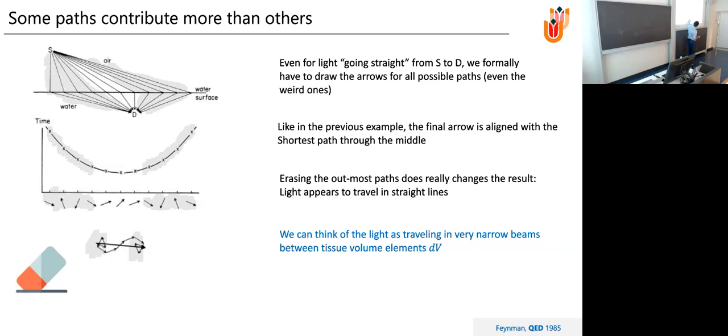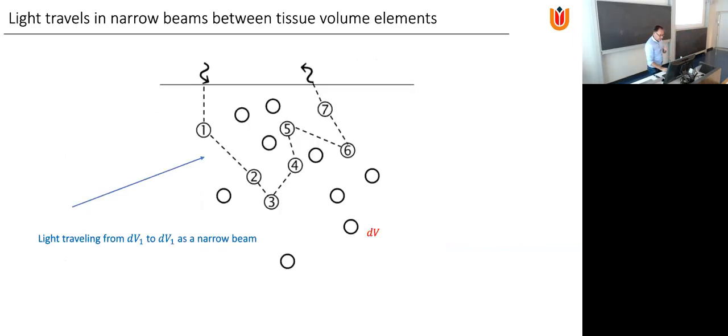So back to the Monte Carlo simulation, it means that we can think of light traveling in very narrow beams between tissue volumes. Back to that earlier drawing, the dotted lines here now are these very narrow light beams between the different volumes.